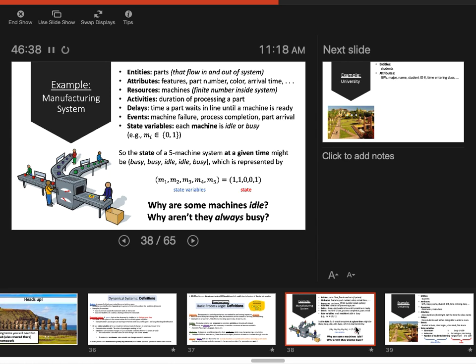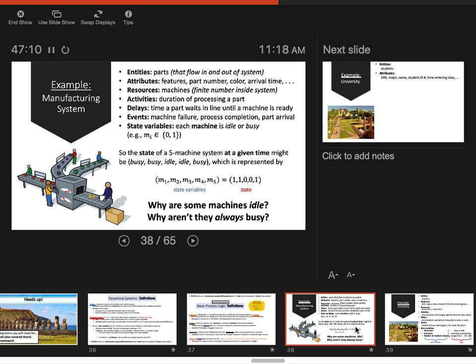Even if they aren't binary, they may be countable, like the number of students in this room, which could potentially be infinite if it's a big enough room. So they're very often counts in a lot of our systems, but they don't have to be. I'm allowing the value space to be as smooth as you like, but time is the thing that I'm cutting up into these countable chunks. Although in most of the systems we'll look at, the value space will be countable as well. Does that make sense?